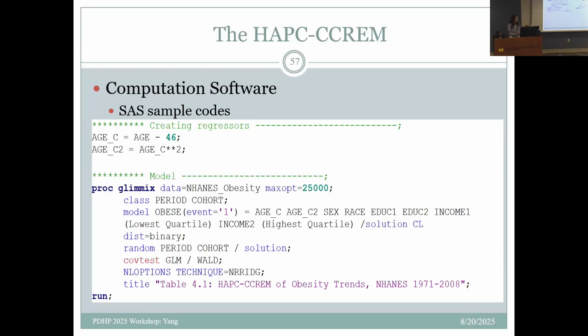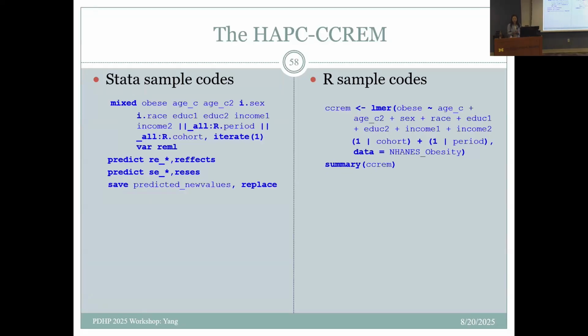Alternatively, these are some sample codes from Stata on the left, where you use the mixed statement and specify the cross-classified random effects by the statement of all R and all R for period and cohort respectively, using REML, which is also what SAS used, the restricted maximum likelihood estimator.